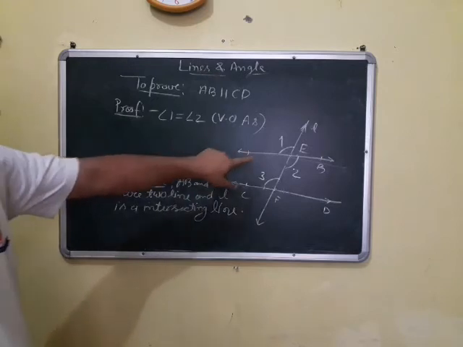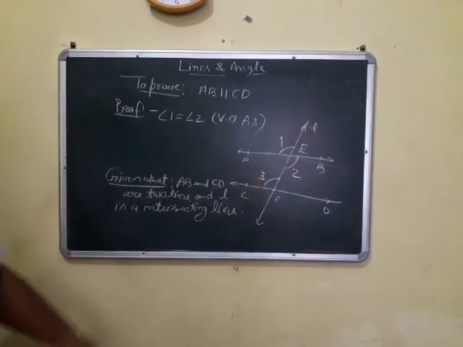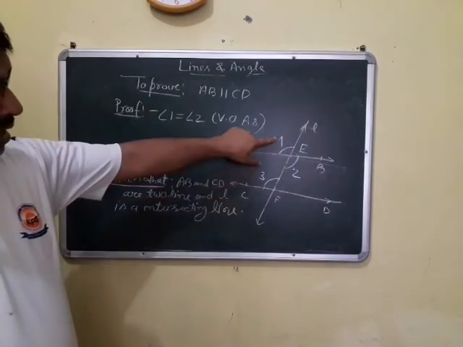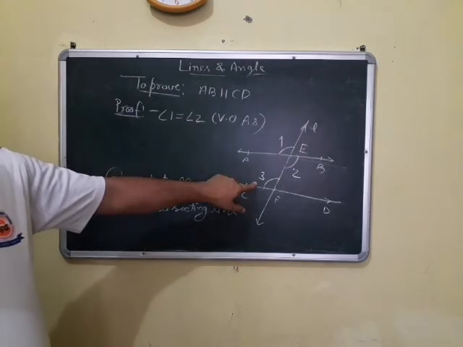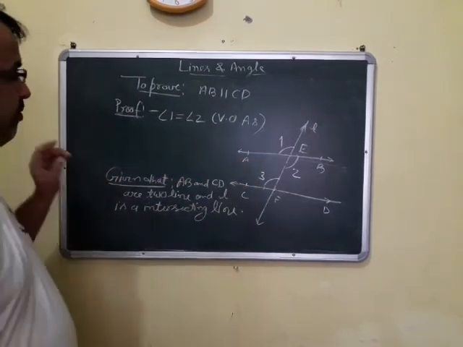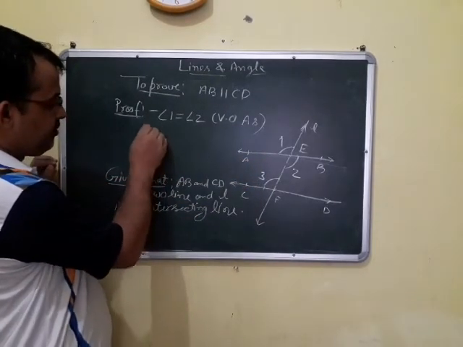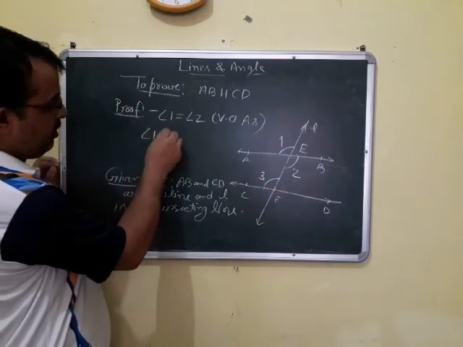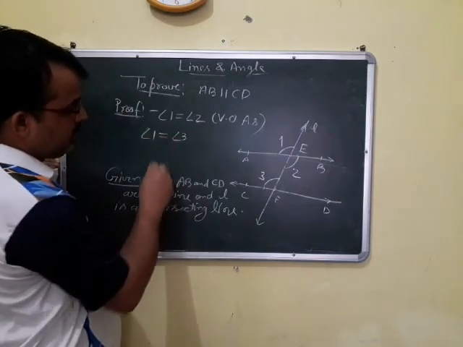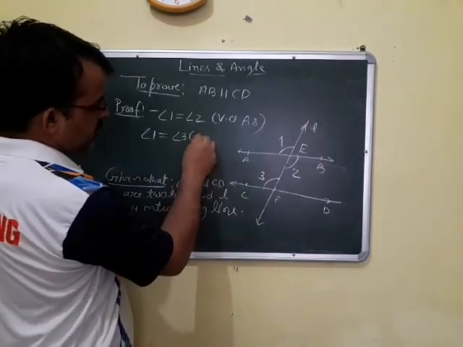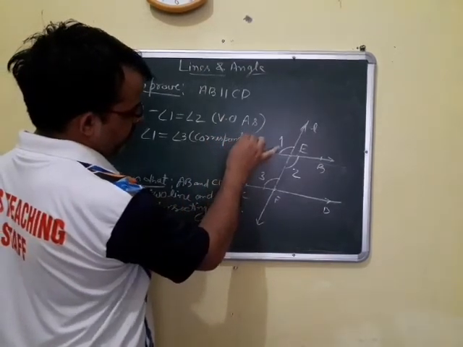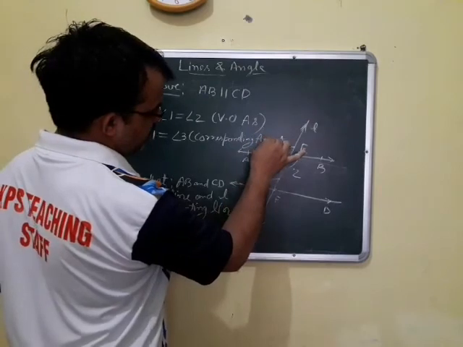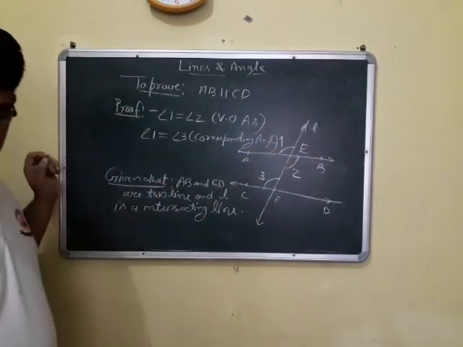Clear? And angle 1 and angle 3 are corresponding angles. Angle 1 is equal to angle 3; these are the corresponding angles. Clear?